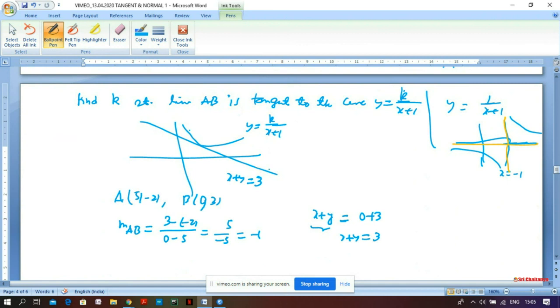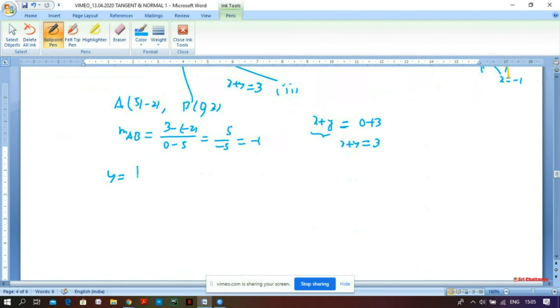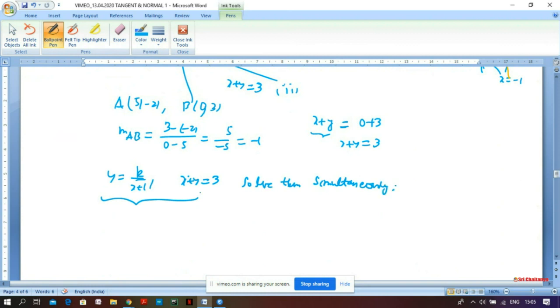And then you want some k such that this line is a tangent to this curve. So in effect, this is curve 1, this is line 2, and I will intersect 1 and 2. Let us find the solution of y equal to k over x plus 1 and x plus y equal to 3. If you solve them simultaneously, you expect to get some answer that tells you how they're intersecting.